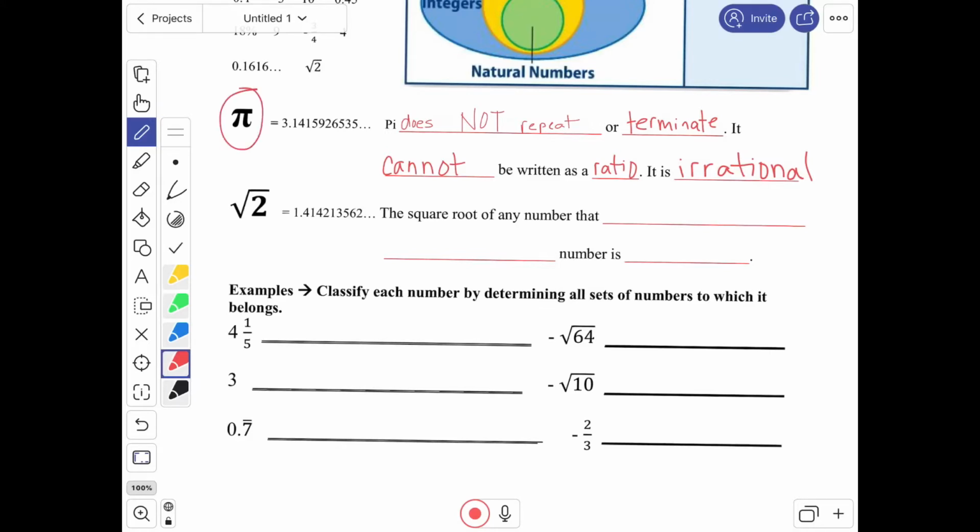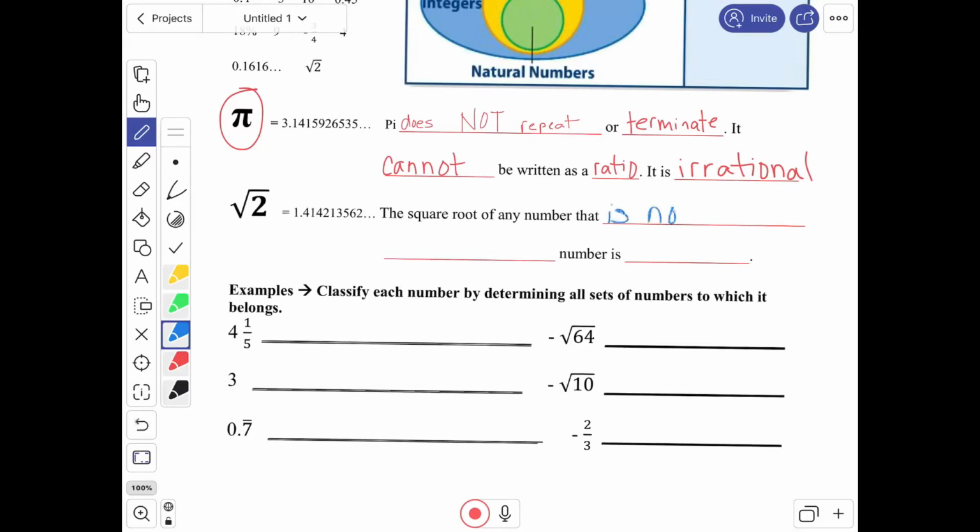Pi, that's the Greek letter right there, is equal to 3.141592655, and it goes on and on. Pi does not repeat, nor does it terminate, so it can go on indefinitely. It cannot be written as a ratio. Therefore, it is irrational. The same for the square root of 2. It equals 1.4142135562, and it keeps going on and on.